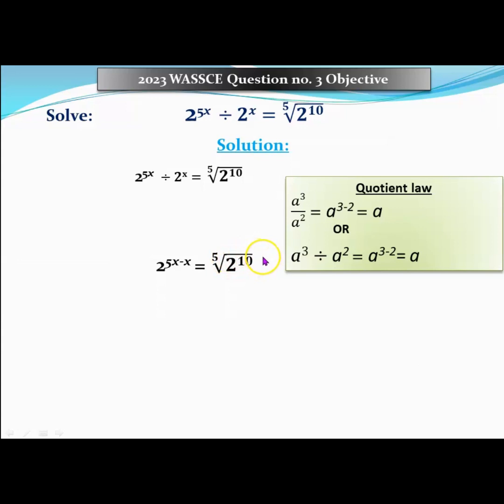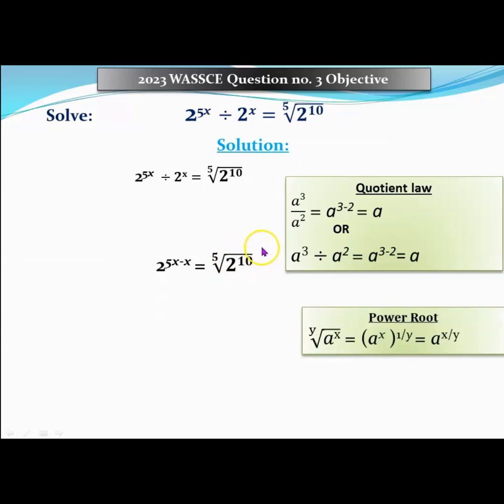Now, we remember what we call the power root. We have the fifth root of 2 to the power of 10, which is the same thing here, so we apply this property here.